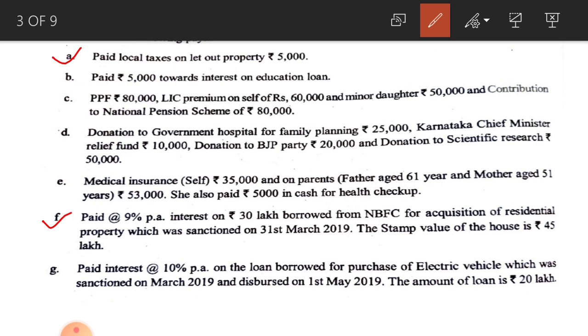See the point, sixth point, paid at 9% per annum interest on 30 lakhs borrowed from NBFC for acquisition of residential property which was sanctioned on 31st March 2019. The stamp value of the house is 45 lakhs rupees.